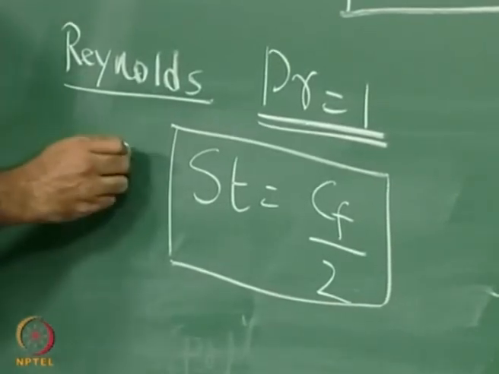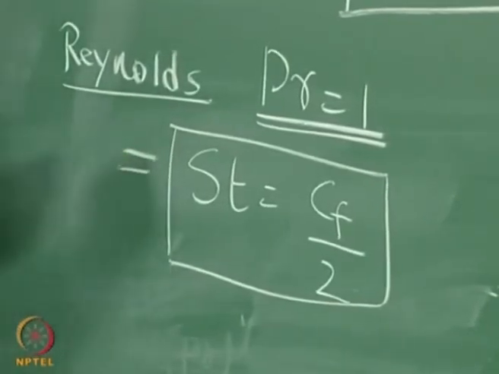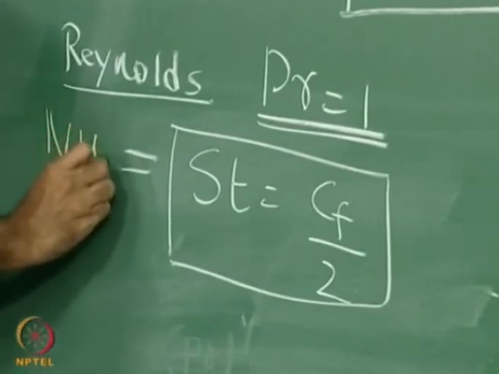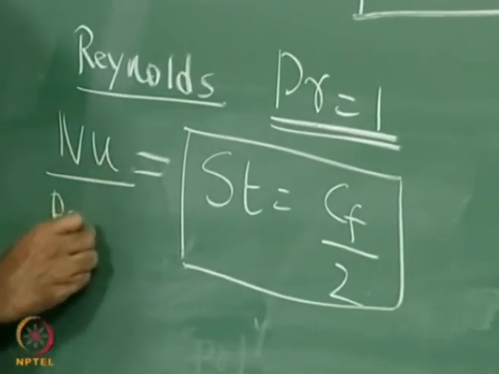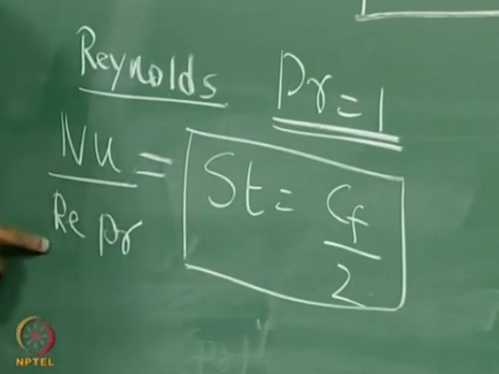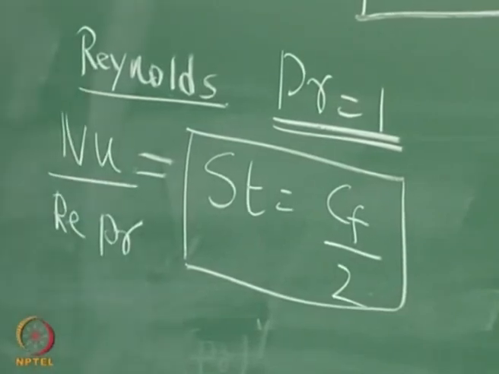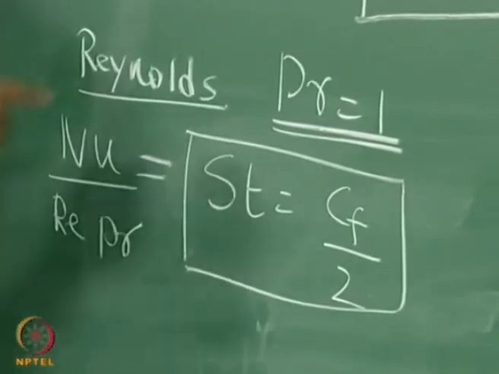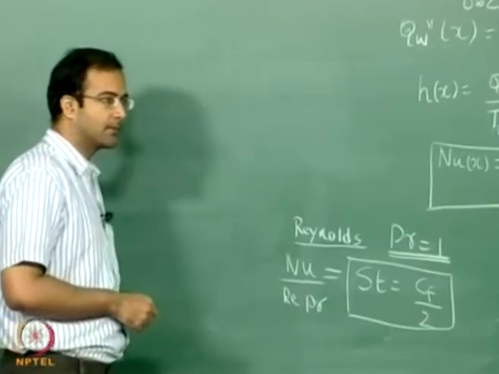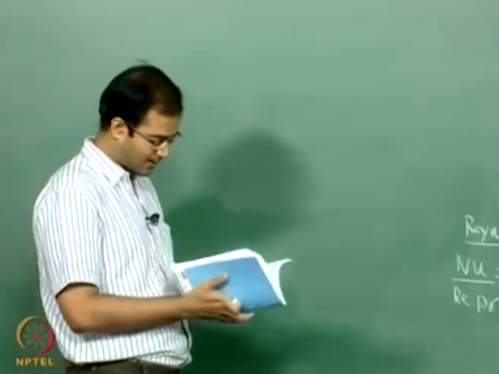Your Stanton number is another non-dimensional group which is defined based on your Nusselt number, Reynolds number and Prandtl number. All these are grouped and just another name is given to that. Now for Prandtl number not equal to 1, people have found that you can still use an analogy.